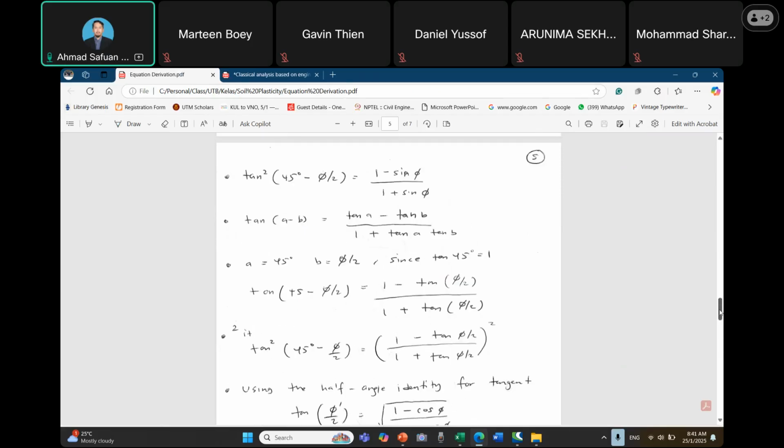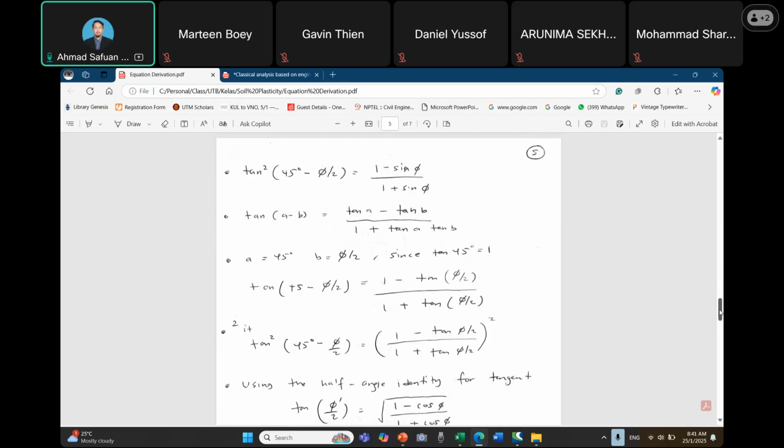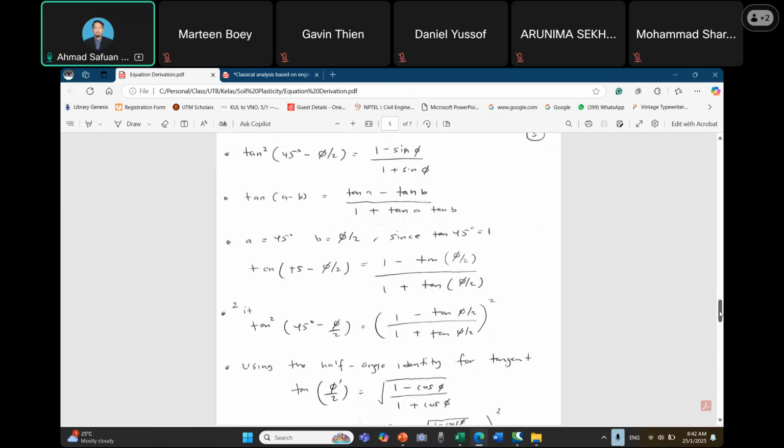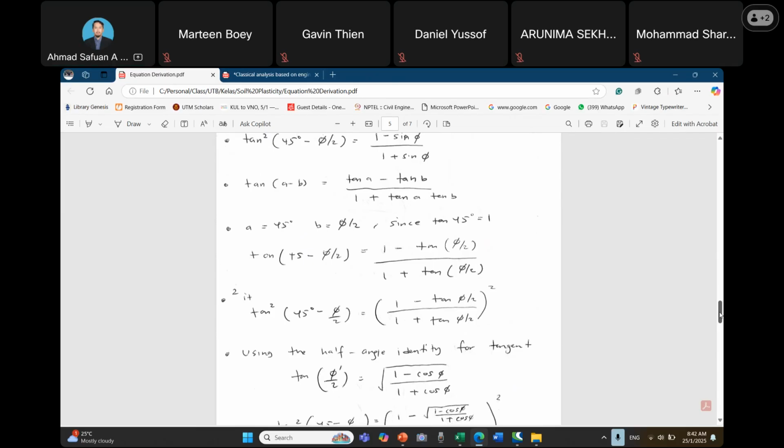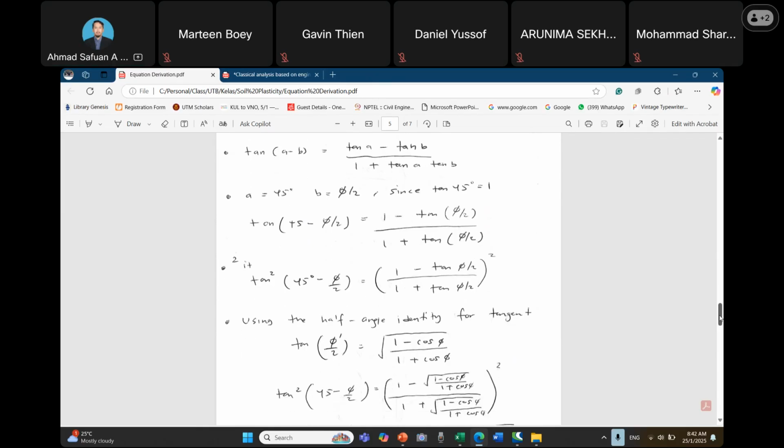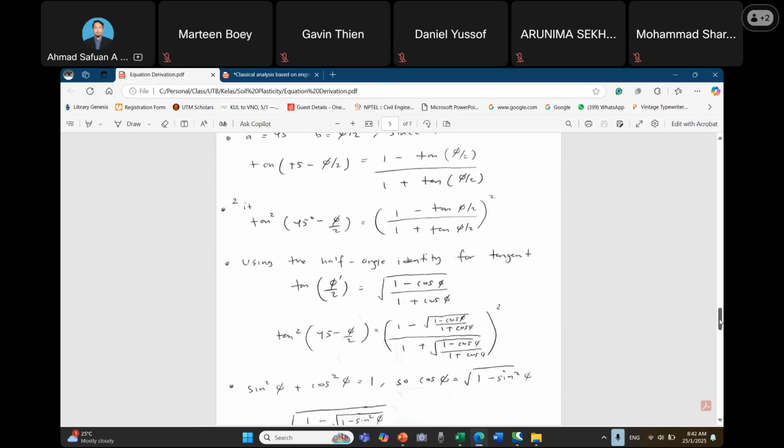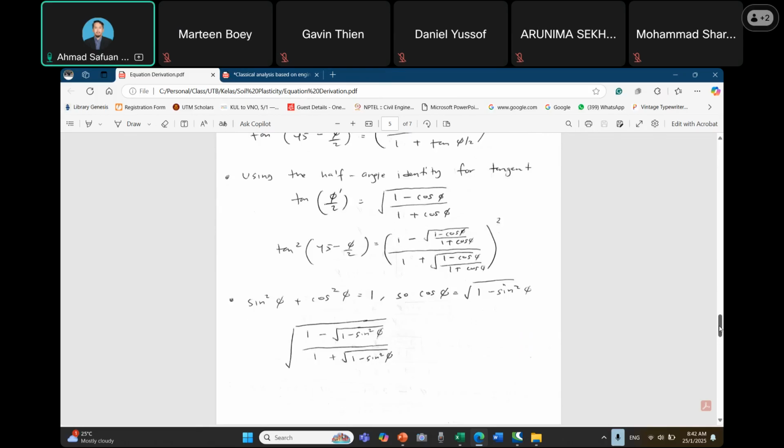Then in this explanation, I just want to prove that tangent squared of 45 minus phi over 2 is equal to 1 minus sine phi over 1 plus sine phi. So this is how the equation works, how the derivation works. You can go into detail later on.